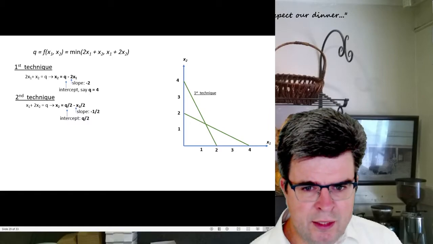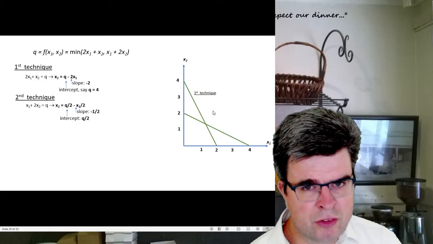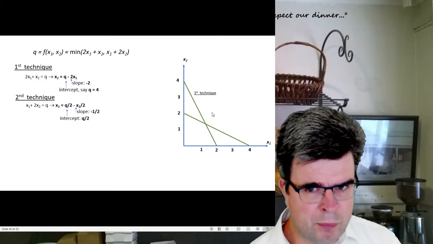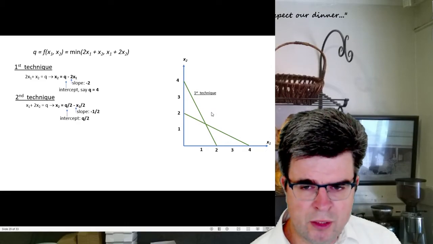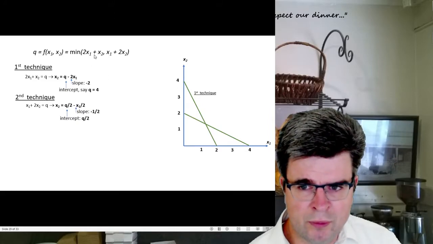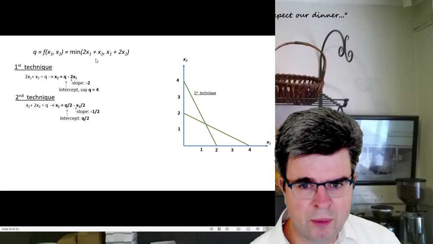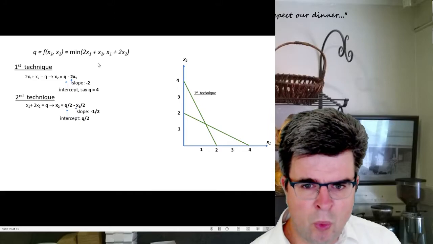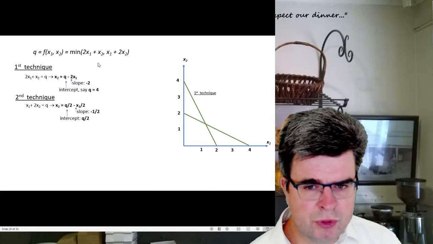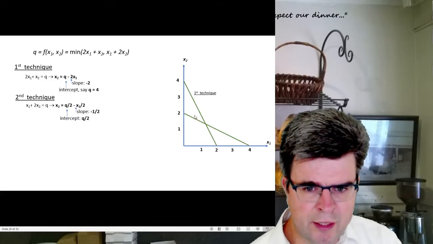So, in this two-dimensional graph, every combination of x1 and x2 gives you a certain output level. But output in this plant is dependent on what happens in both sectors and the amount of production factors that you allocate to both sectors. So in order to produce 4 units, you need to satisfy this condition, and you also need to satisfy this condition over here.